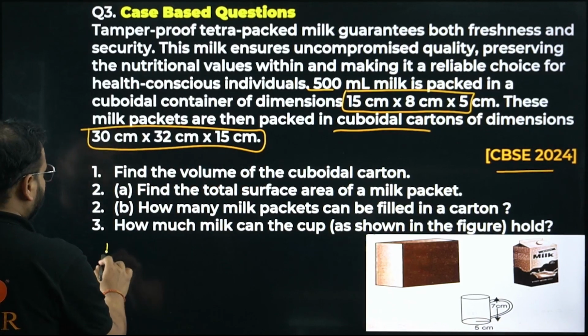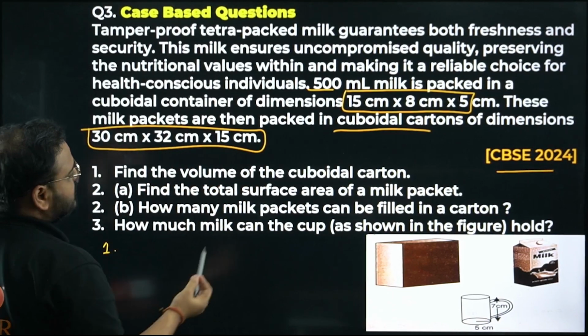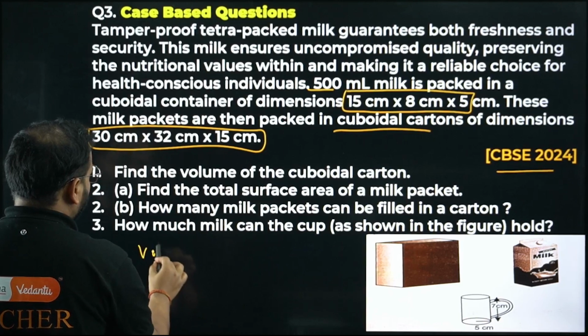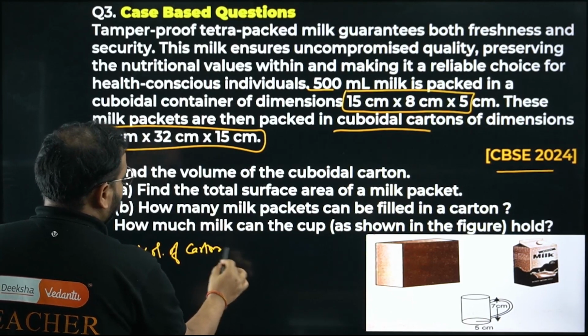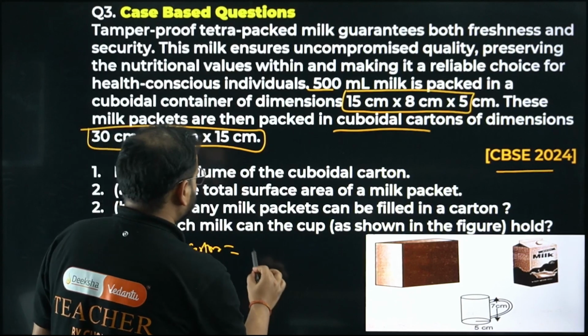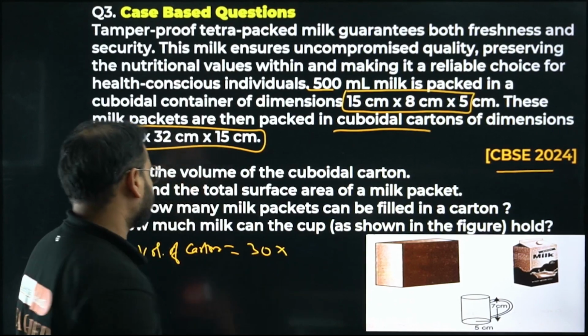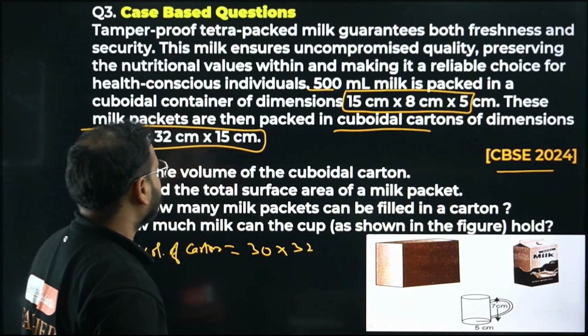So part 1 we can do over here only. Volume of carton will be what? L into B into H. So 30 into 32 into 15.